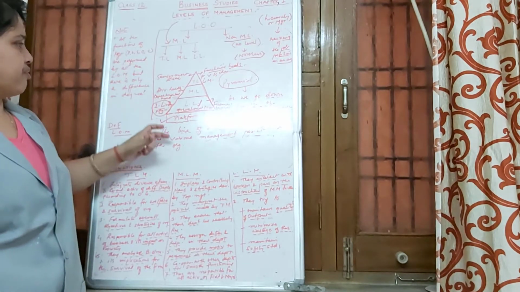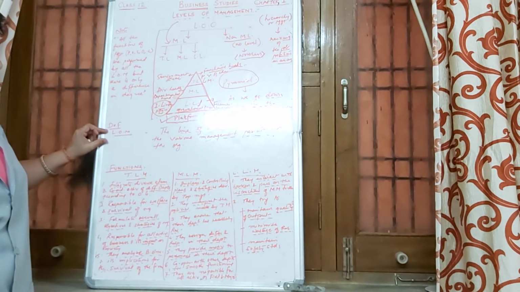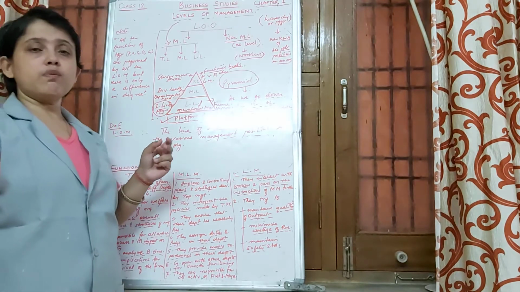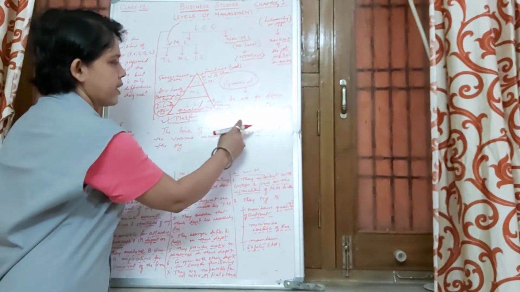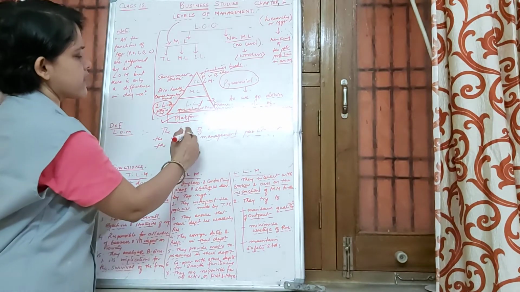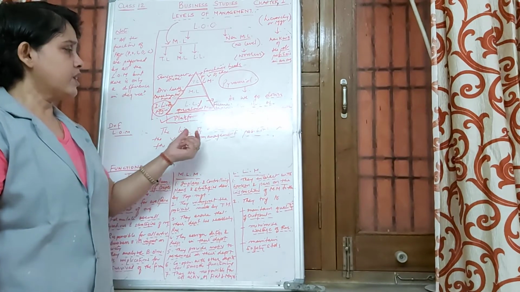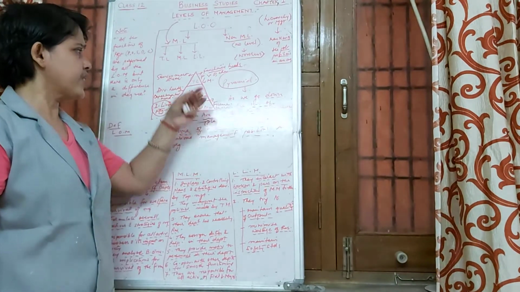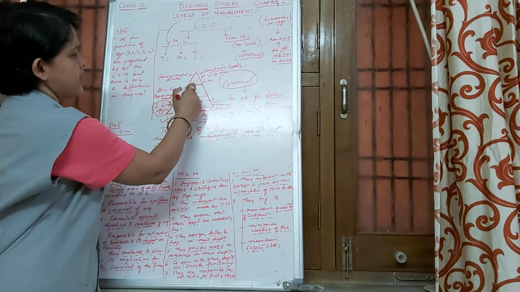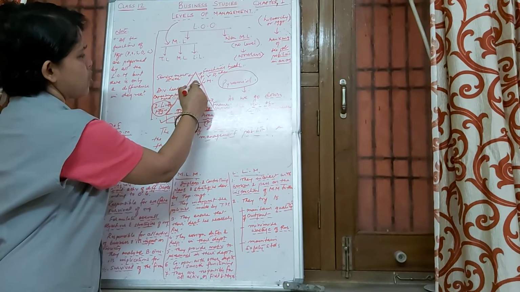So this is a chart through which it has been clearly explained. With the help of this, we try to sum up into a definition what is meant by levels of management. Levels of management means the line of demarcation between the various management positions in the organization. How do you differentiate? This is the line which demarcates top level and middle level.